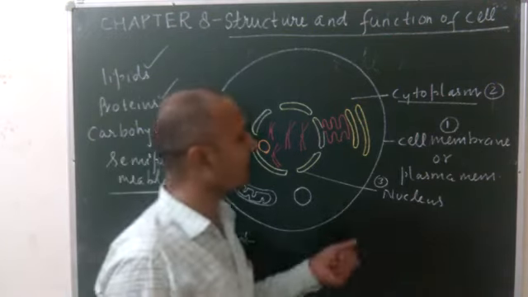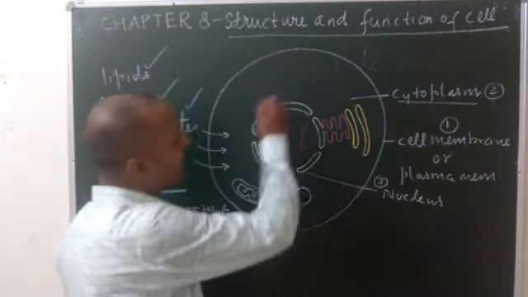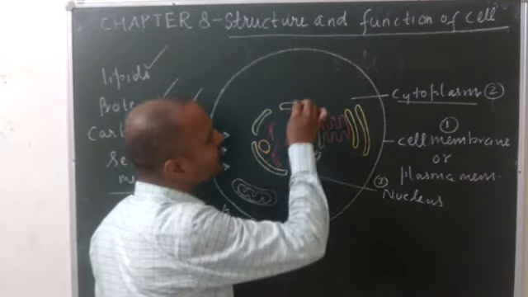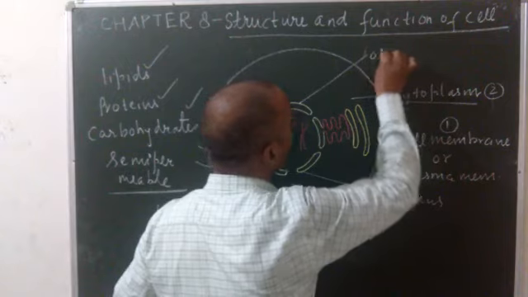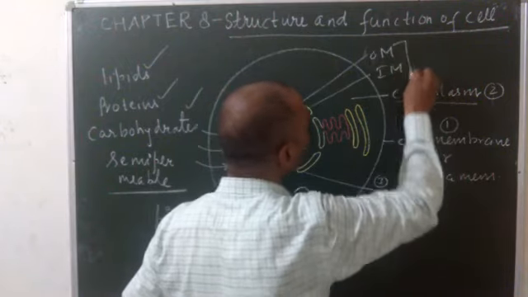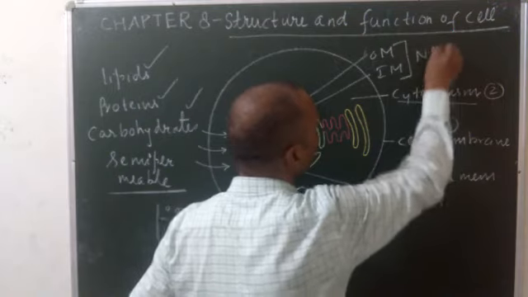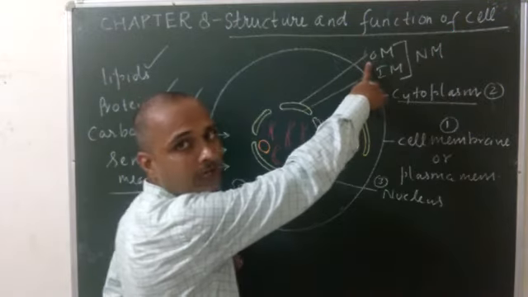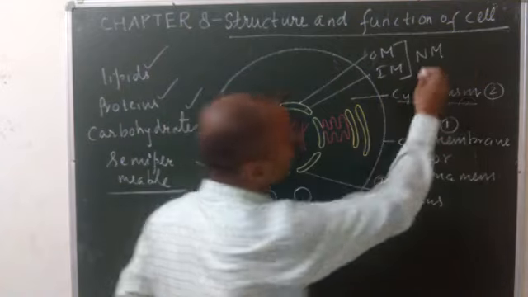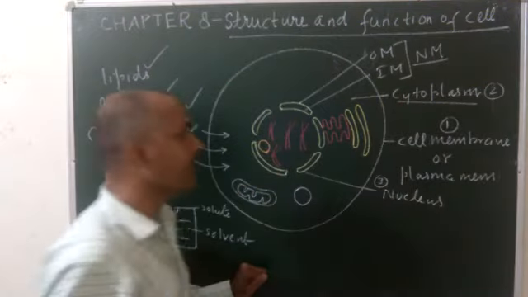Now see the next part, nucleus. It is a spherical structure inside the cell. Each nucleus has two membranes. This is known as the outer membrane, and the inner is known as the inner membrane. OM stands for outer membrane and IM stands for inner membrane, and both are collectively known as the nuclear membrane.